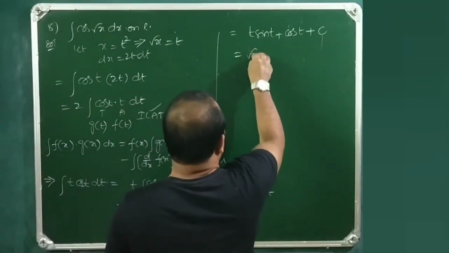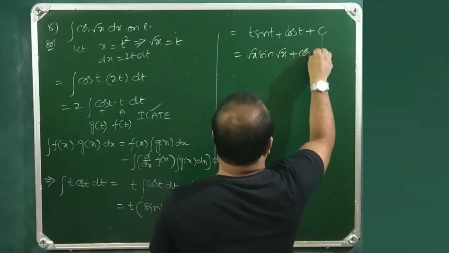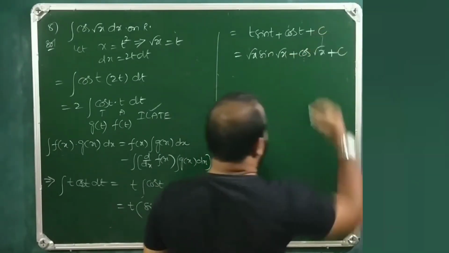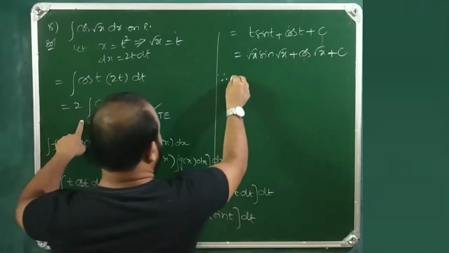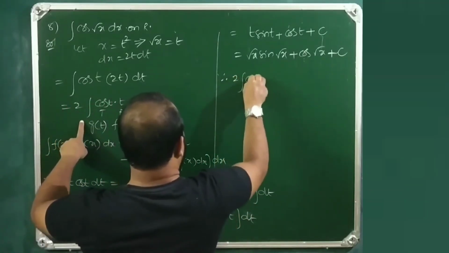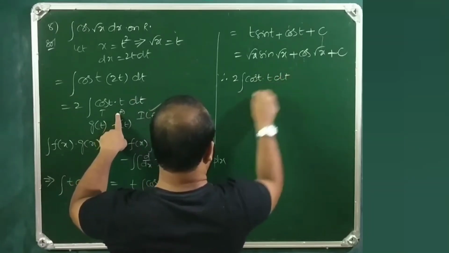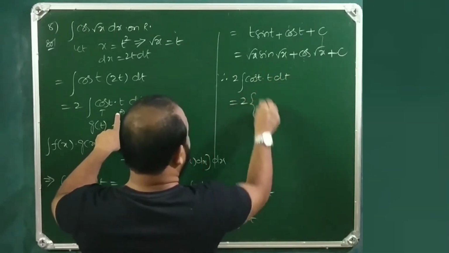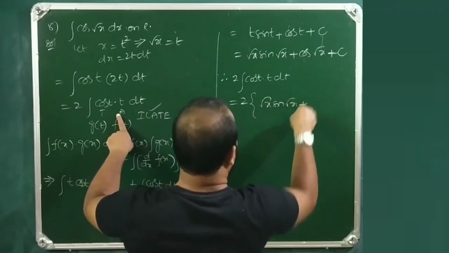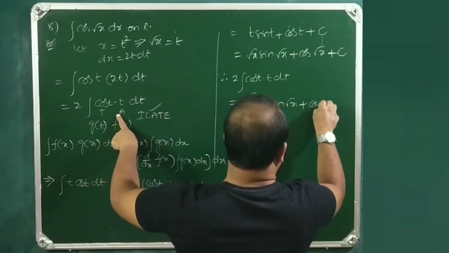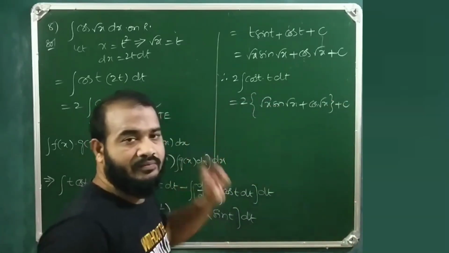So the integral is 2 times root x into sin root x plus cos root x plus constant of integration c.